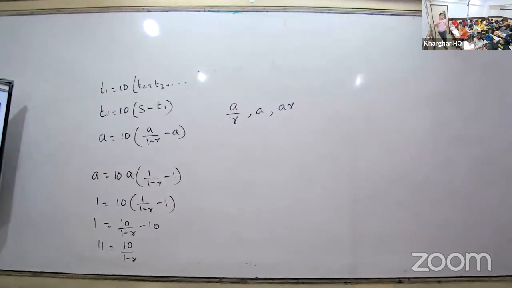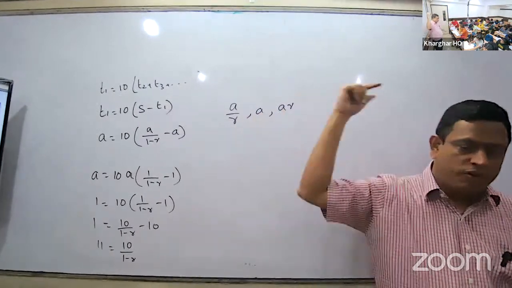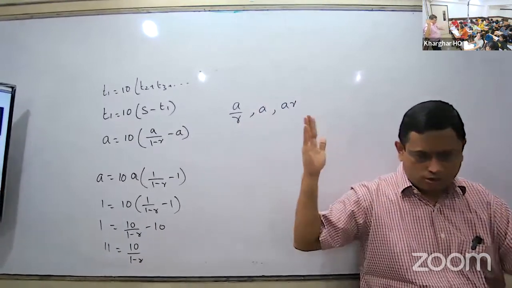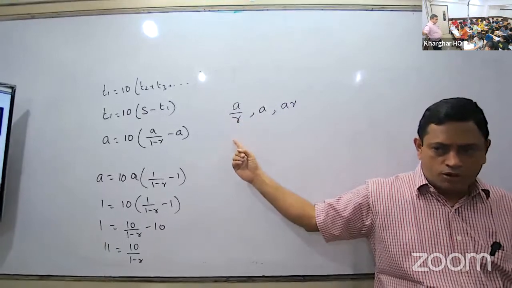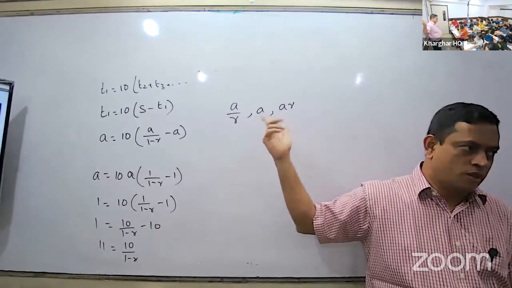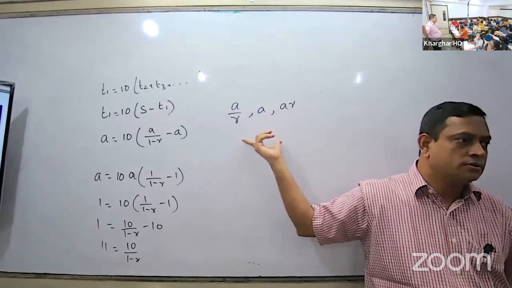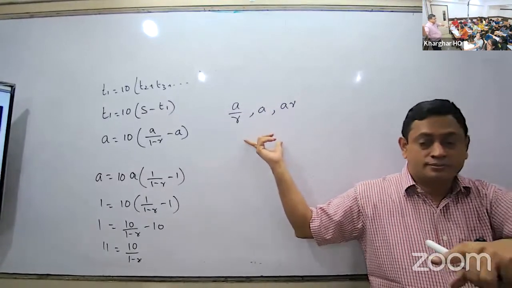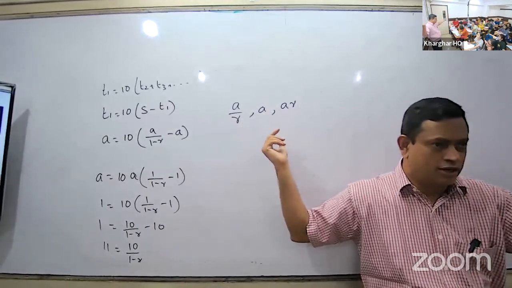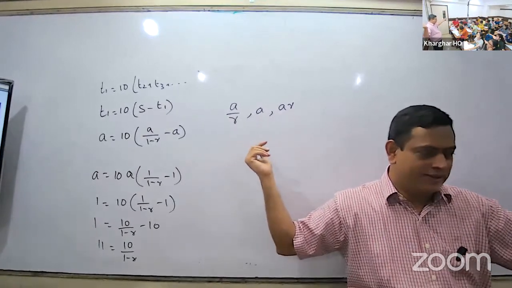Remember, don't take A as the first term. If A is the first term, your GP is A, AR, AR square. Here the first term is A upon R and the common ratio is R. Why do we take it this way?